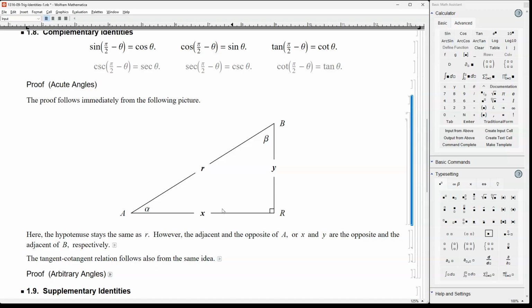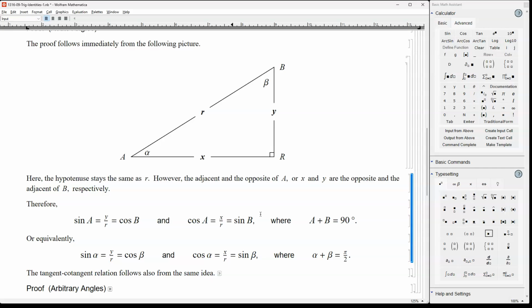Opposite of beta is adjacent of alpha. So you're going to get sine of alpha and cosine of beta are the same, and cosine of alpha and sine of beta are the same. And then opposite over adjacent versus adjacent over opposite, so tangent and cotangent will also flip-flop.